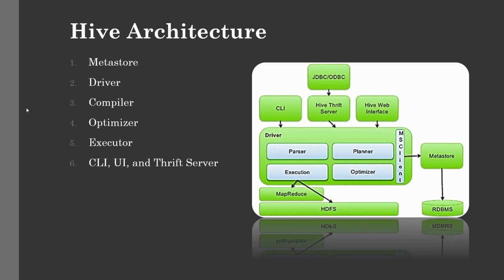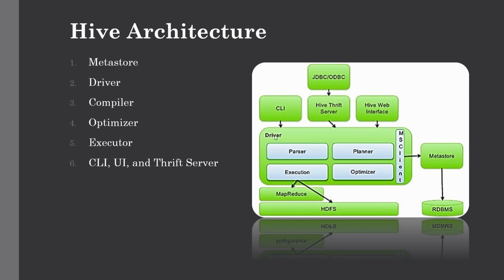This figure will give you an idea of how Hive processes your data. First, through the CLI, the Hive Thrift Server or the web interface, we submit the queries to the driver, and then the driver has the parser, executor and optimizer, which get all the necessary information from the Metastore, which is nothing but a relational database which stores all your metadata.